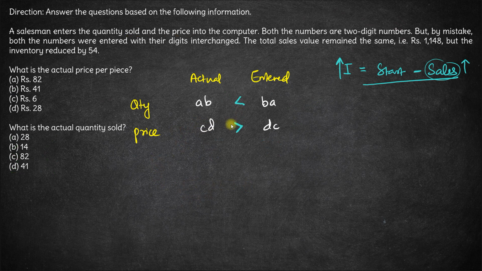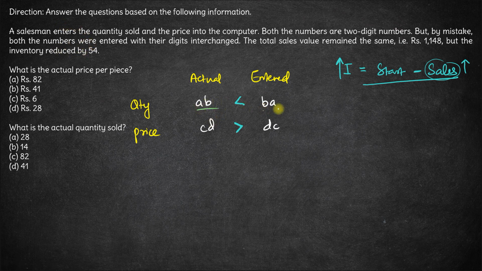Now let's say if this does not strike you and you want to solve it the proper way. So let's do that in a proper way. We have already discussed here that the actual quantity sold must be less than the entered quantity. That's why the inventory is reducing, because you are entering a number sold which is higher, hence the number left will be lower, right?